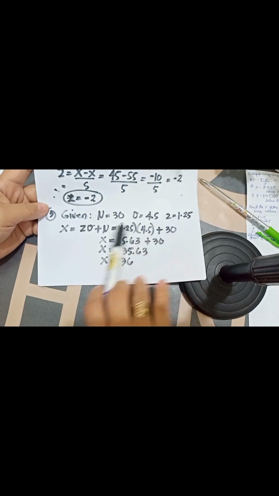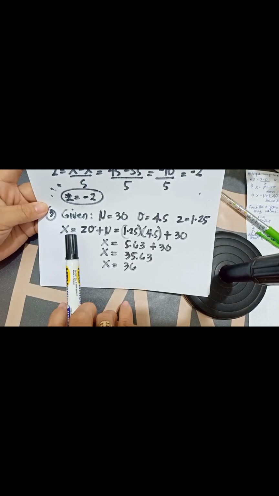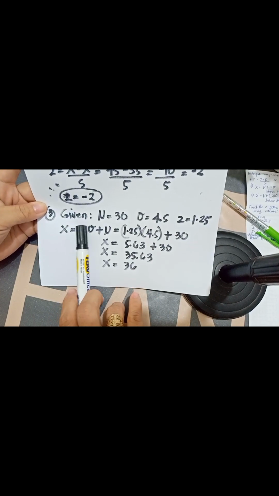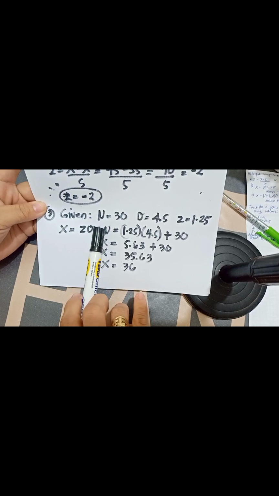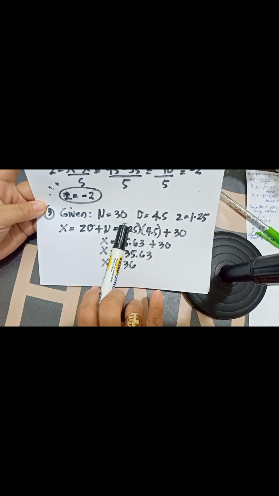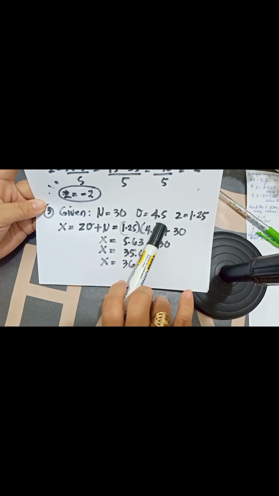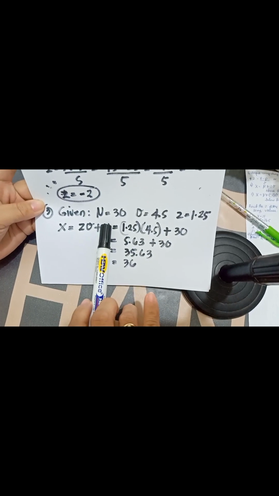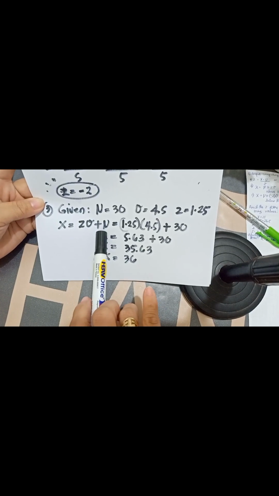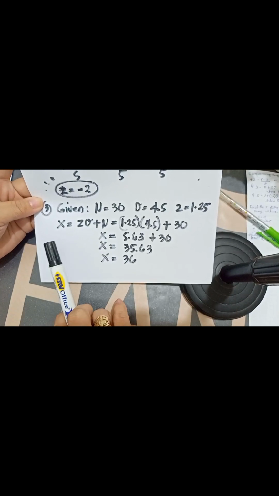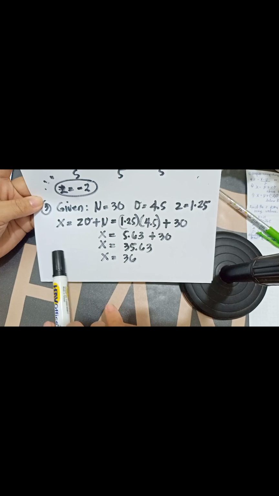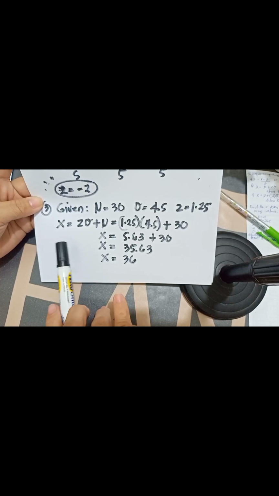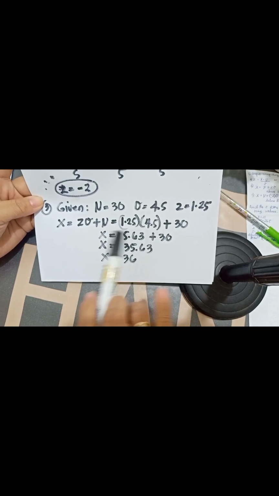Okay, so number 3 example. The givens are population mean 30, standard deviation 4.5, and z-score 1.25. This time, the unknown is the raw score. So we are going to use the formula for finding the raw score of a given population data.